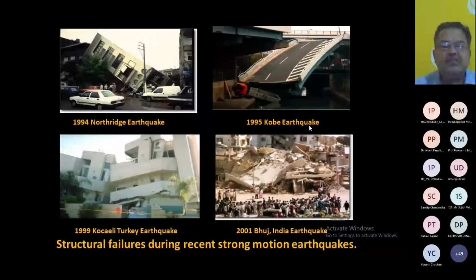The 1995 Kobe earthquake is known for the bridge failure. In the last lecture, I told you that Japan is considered the best as far as earthquake preparedness is concerned, and even so Japan observed such devastation in the 1995 Kobe earthquake, and also in the 2011 earthquake. We'll discuss that later on.